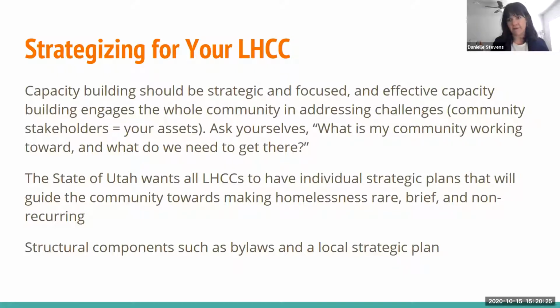It is a fruitless effort to build capacity if it's not going to help you achieve whatever goals your community has. And we need to ask ourselves what our communities are working towards and what we need to get there. And by having a clear goal in mind of where we need to go, we're able to focus our capacity building and be strategic.